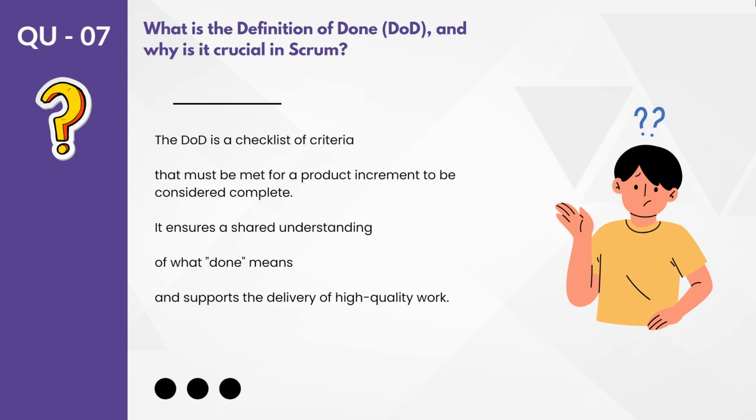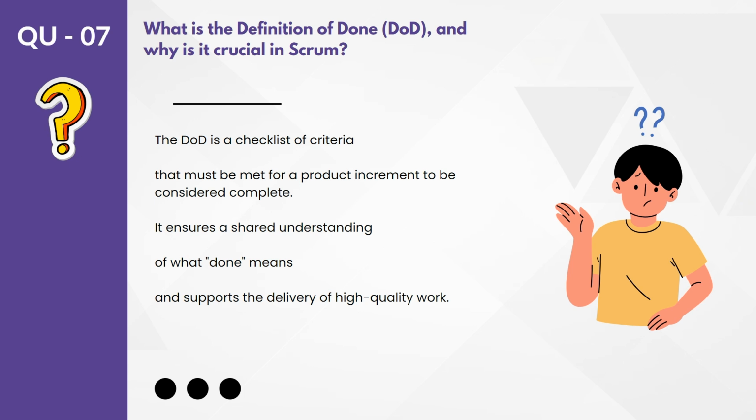So when one sprint is getting over, this checklist has to be executed, and your increment, the overall delivery value, should meet these criteria. It also ensures a shared understanding. Whether it is a developer, a tester, a Scrum Master, or a product owner, they have a common understanding of when the increment will be called an increment.